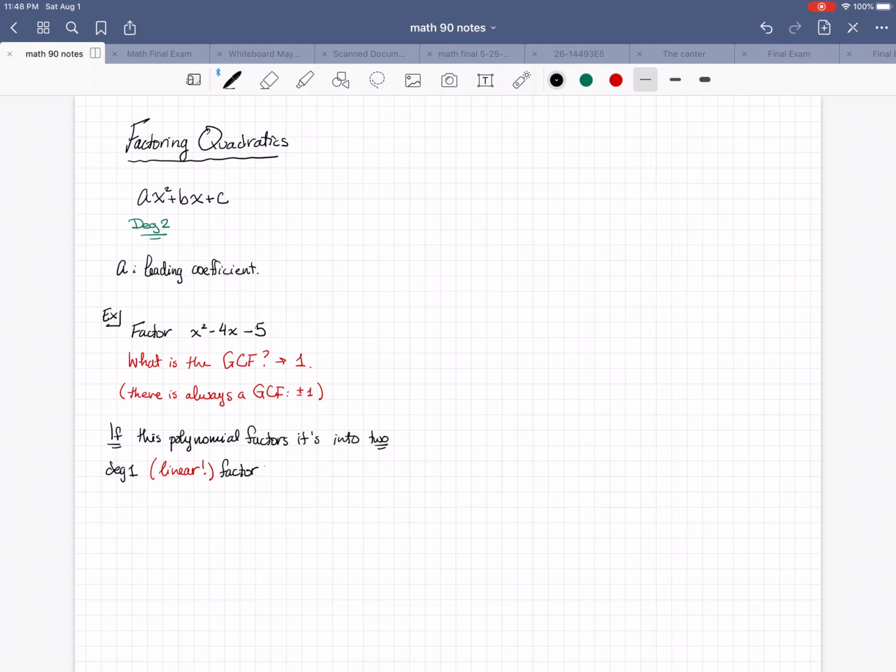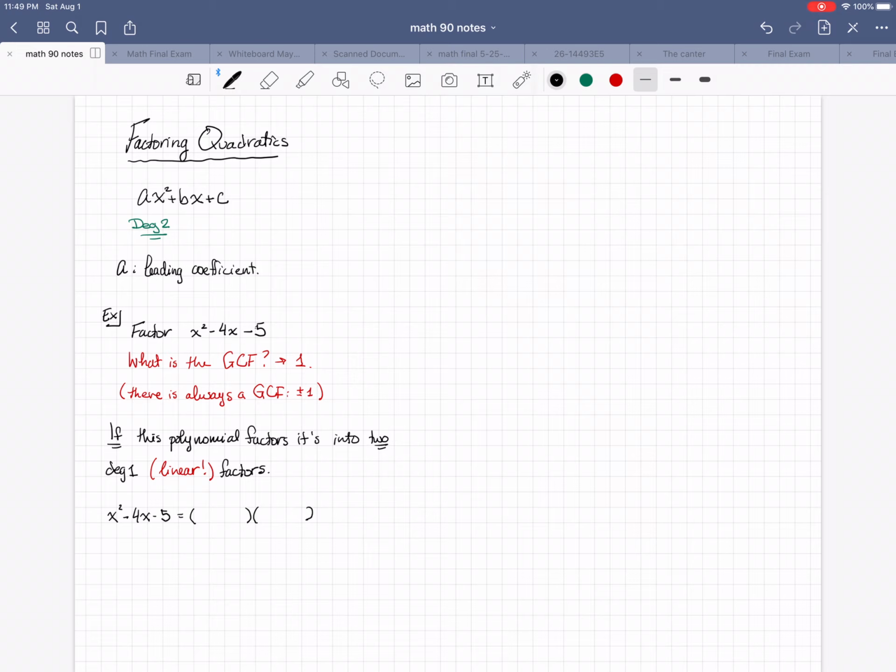This kind of detective work is really good to do before you start down the rabbit hole of how to factor. Okay, so here we go. The beauty of this software is that it's very easy to erase things if they turn out not to work. We know that if this factors, there are two linear factors.